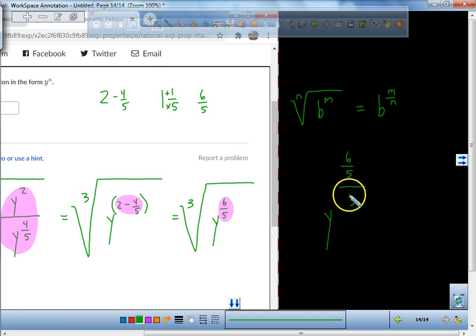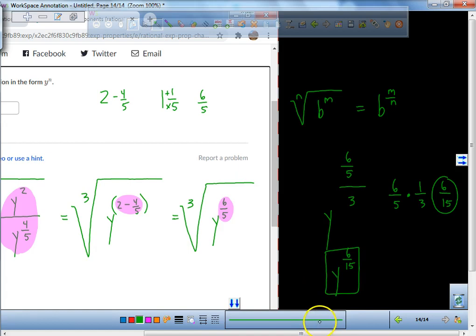So if you were to do this by hand, all you'd have to do is take 6 over 5 and multiply it by 1/3, because dividing by 3 and multiplying by 1/3 are the exact same thing. Numerator times numerator, denominator times denominator. What do we get? We get 6 over 15. So my answer is y to the power of 6 over 15. And that's my final answer.